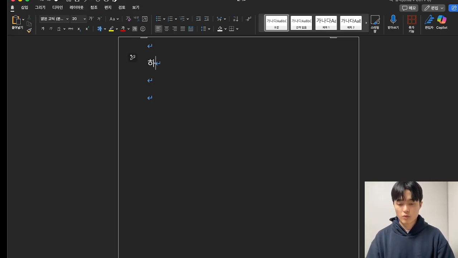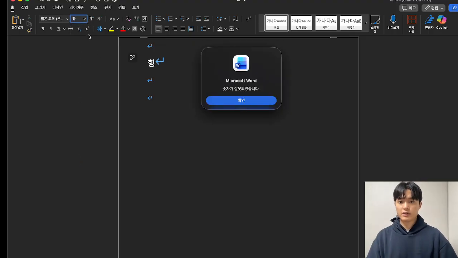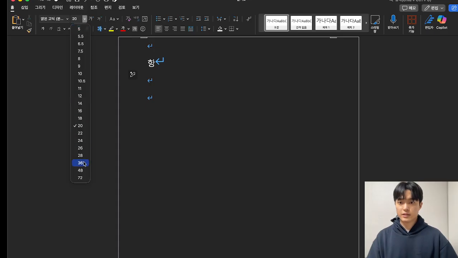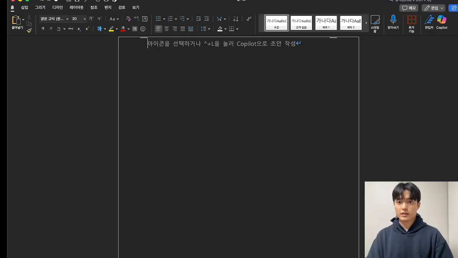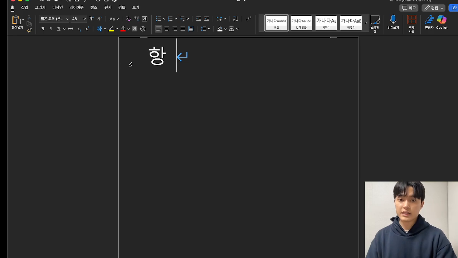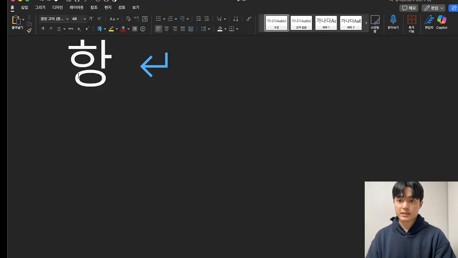In one syllable, if there are consonants in the bottom, these are called last consonants. If the circle is placed in the bottom of a syllable, then it has a sound, and the sound is ng, the ing sound.